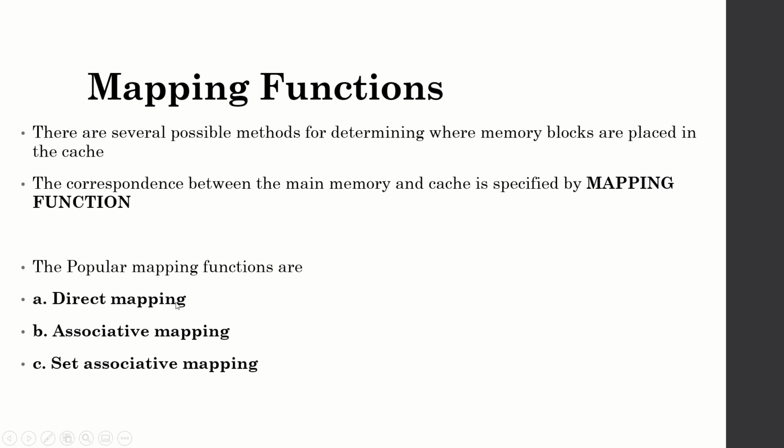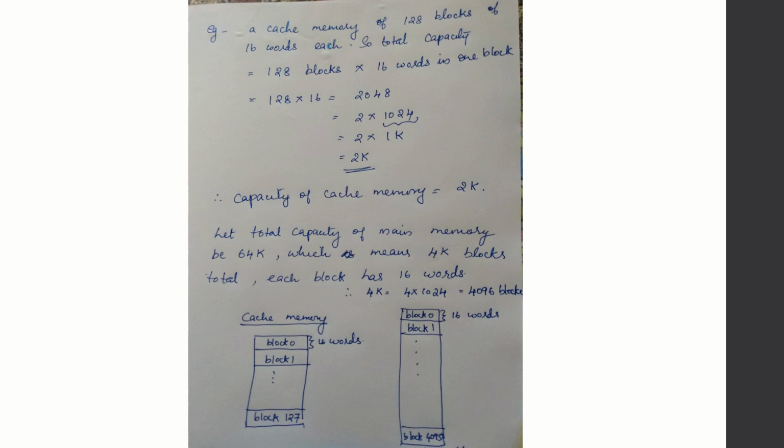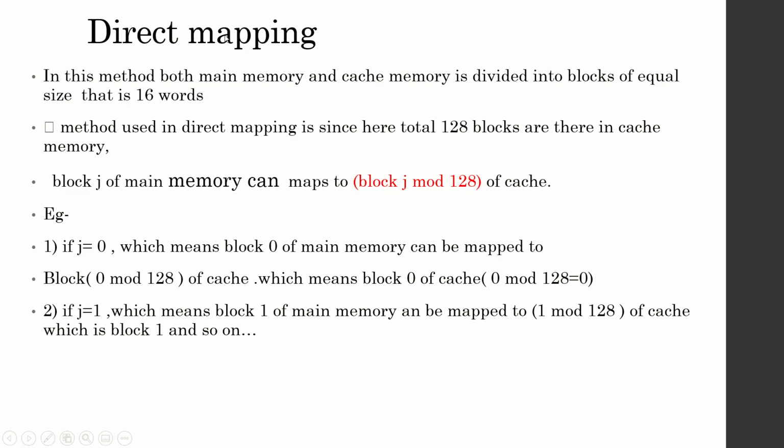As we said, the first one is called direct mapping, the second one is called associative mapping, and the third one is called set associative mapping. Based on the example, we are going to explain the first type of mapping, direct mapping. The idea of direct mapping is very simple. Based on our example, we will specify how direct mapping works.